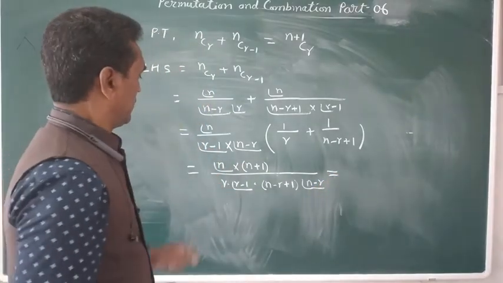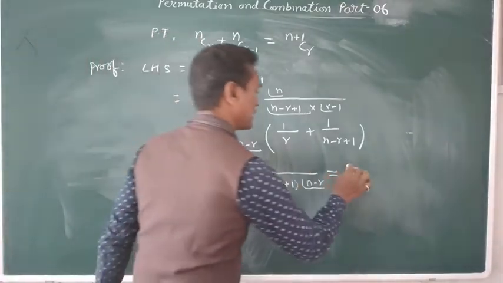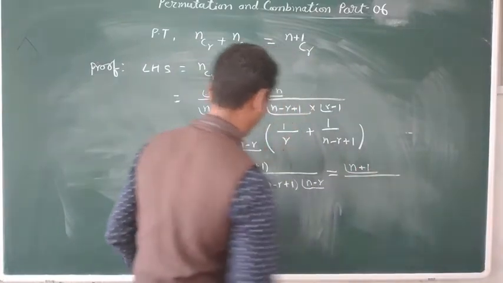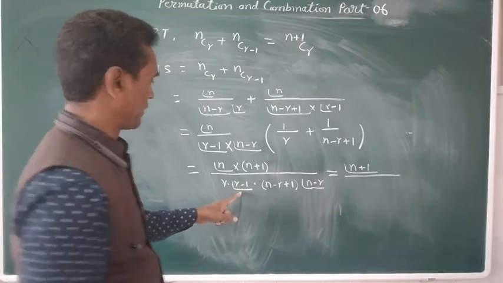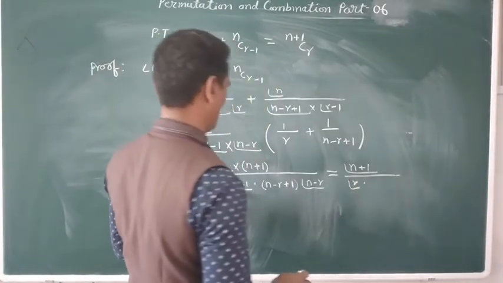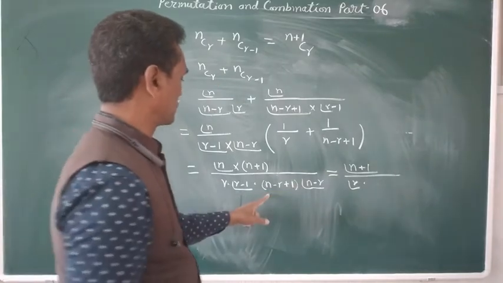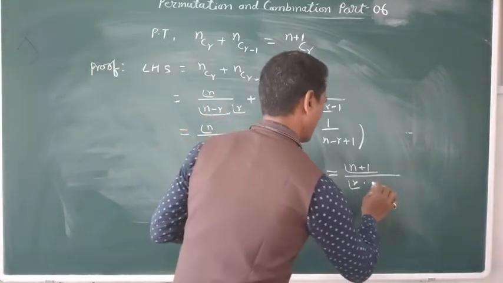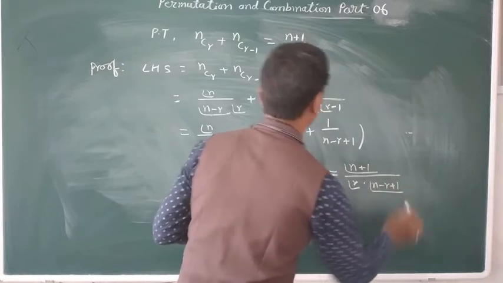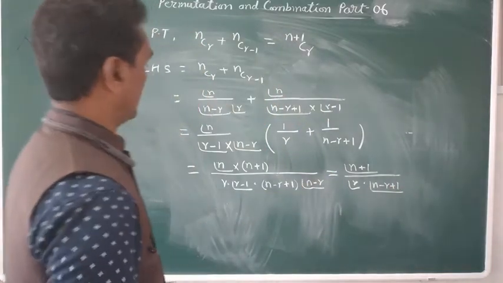The product of these can be written as factorial (n plus 1) in the numerator, and in the denominator factorial r into (n minus r plus 1) factorial. So this is the left hand side.